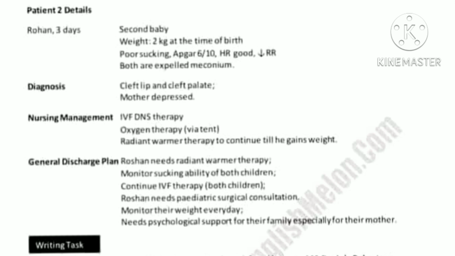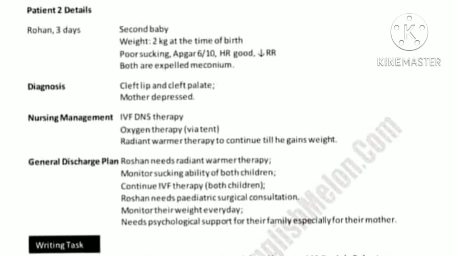Then what are the nursing management? Same as the first baby. IV fluid dextrose normal saline therapy, oxygen therapy via tent, and radiant warmer therapy to continue till he gains weight. Then what is the general discharge plan? Rohan needs radiant warmer therapy, monitor sucking ability of both children, continue IV fluid therapy for both children.